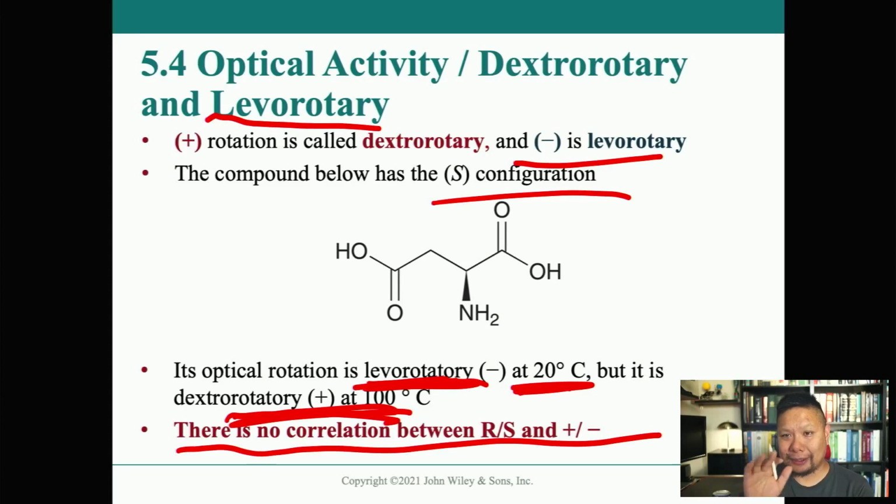But then at 100 degrees Celsius, it's going to be dextrorotary, where it's a positive number of degrees. And that's the light rotating in the positive direction instead of the negative direction, right? Make sense? Yeah. Just know that when we're talking about dextrorotary and levorotary, we're not talking about the molecule itself rotating. We're talking about it rotating light. Okay.